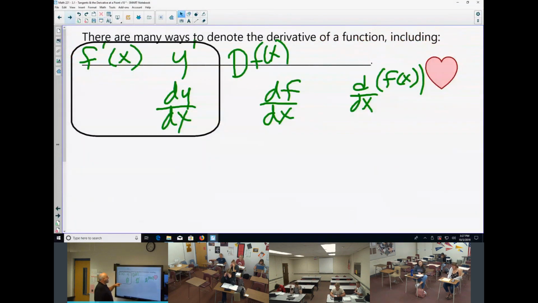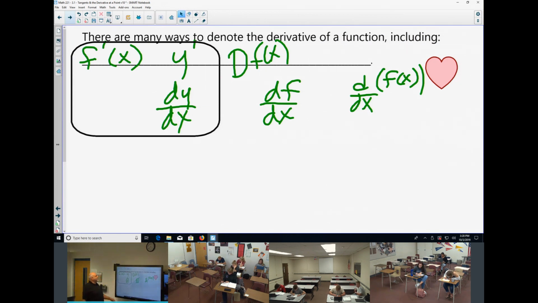So there are many ways to denote the derivative of a function. Usually these three that I put a box around are the ones that we use the most. So instead of saying slope of the tangent, if we just want the derivative, we'll either put f prime of x, y prime, or dy dx, which is another notation for the derivative.